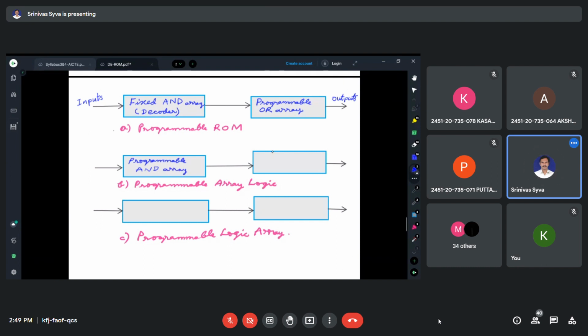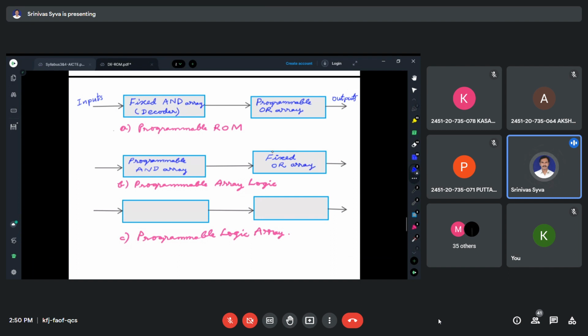You will understand these configurations with the example. Just now I am going to show one example for programmable array logic and another example for programmable logic array. Here the last stage is a fixed OR array.